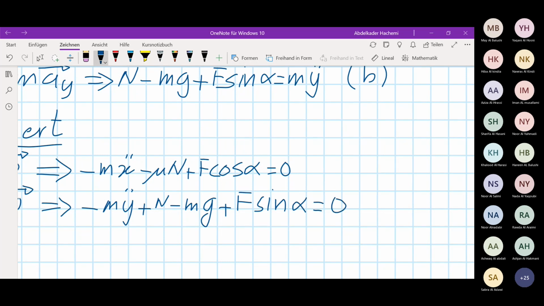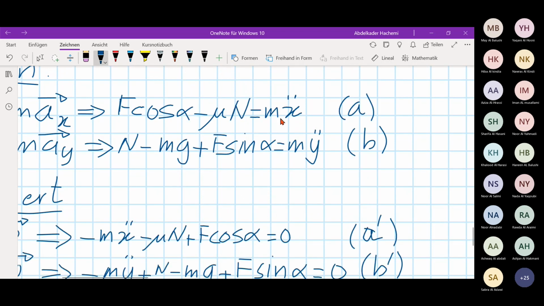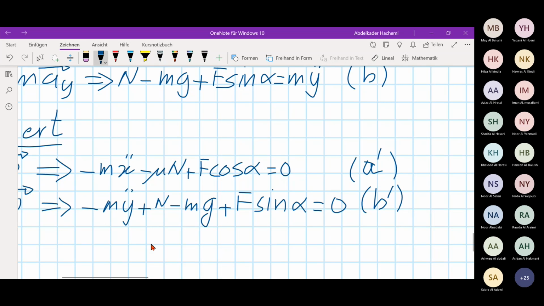Okay, we can call them A prime and B prime. And you look, they are the same as here when you put m x dot dot on the left hand side. And the same here for m y dot dot on the left side, then you will get the same equations. Then you either use these equations or these two equations.